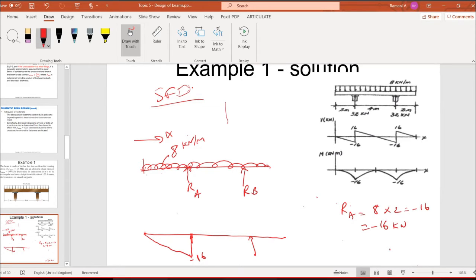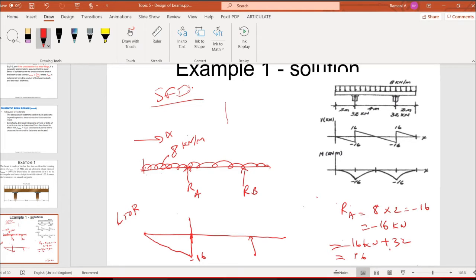We are working from left to right. With this value minus 16 kilonewton, you need to add the 32 value for this span. So I end up with positive 16. So this is going to be reducing to positive 16 at this point.